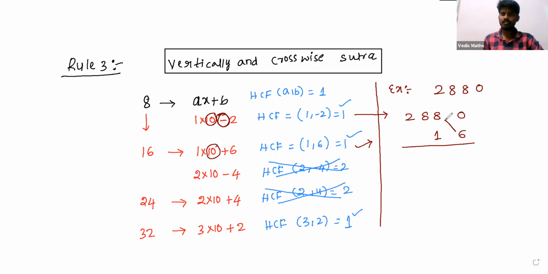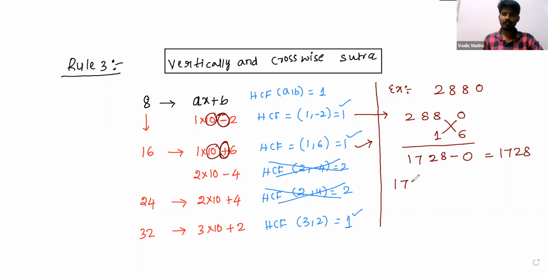If you multiply this number with this number, 48, again 48 you will get. So 52 and 17 you will get. And we are multiplying 1 into 0 is 0. But we have the positive sign here, so we have to subtract from this. Then we are getting 1728.